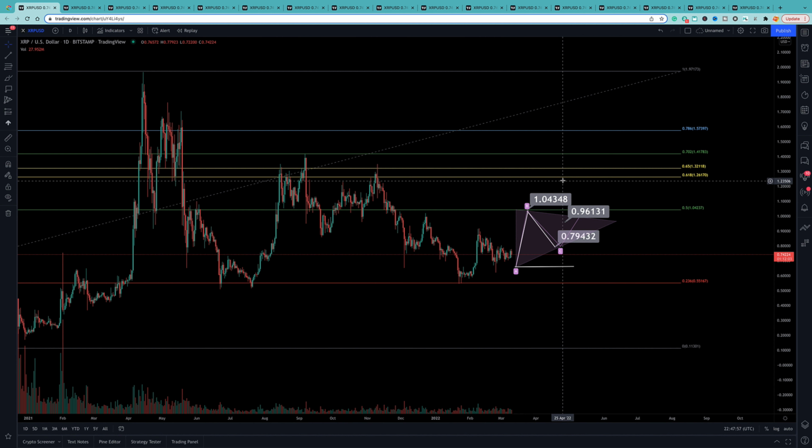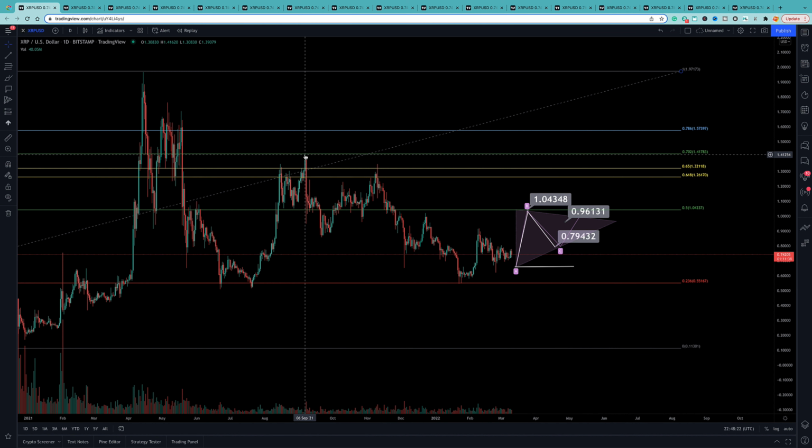Could we go from 104 all the way up to $2? I don't think so, because I think we're going to do 3 legs up. This is one. We come back a little bit and then we'll go for the third leg. So it's quite possible that the next leg is we'll break up and we'll at least hit the 702, $1.41.